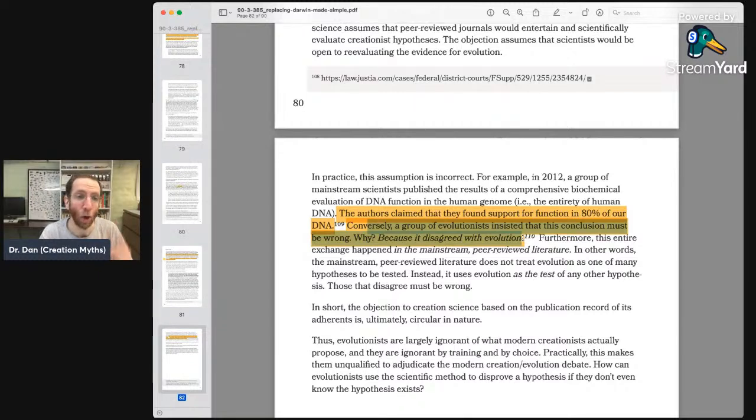The counter argument is that ENCODE's work was sloppy, and they threw in a bunch of obviously spurious biochemical activity under the banner of functional without robustly defining the term functional. They conflated it with biochemical activity. Those are two separate categories. Functional is a subset of biochemical activity. That's the objection to the ENCODE project, not that it disagrees with evolution.